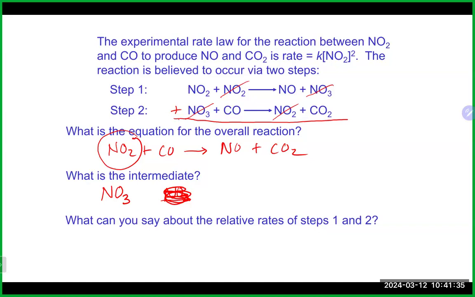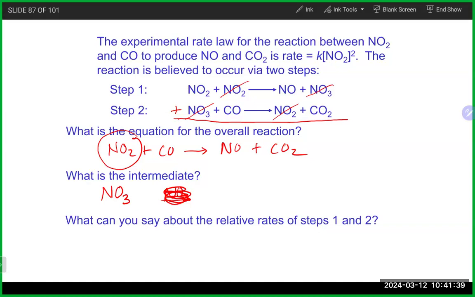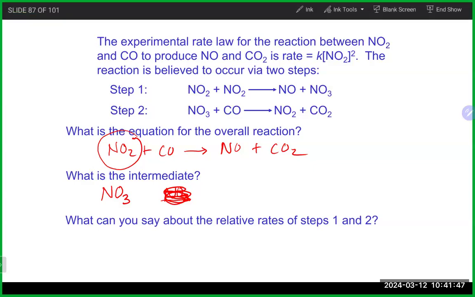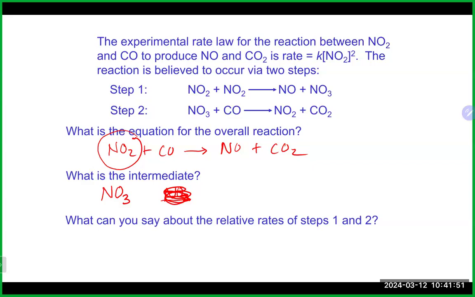Now we want to talk about the rates of each of these steps. So these are elementary steps, which means that for each of these steps in this mechanism, we can write a rate law for each of these. So if we were to write the rate law for step number 1, we would end up with a rate that is equal to K times NO2, and we would square it because that's basically 2 NO2 in this case.